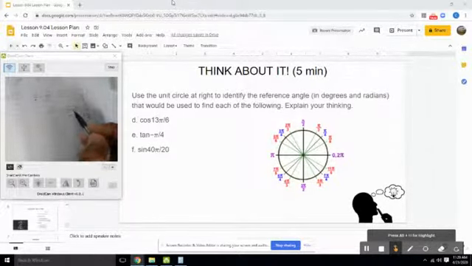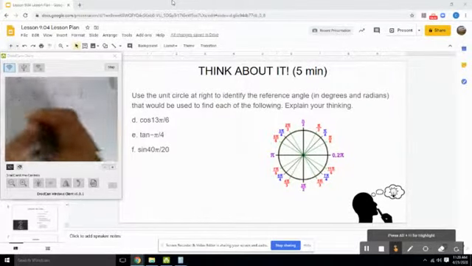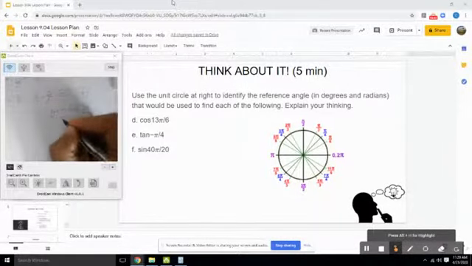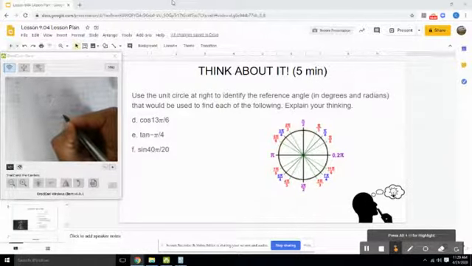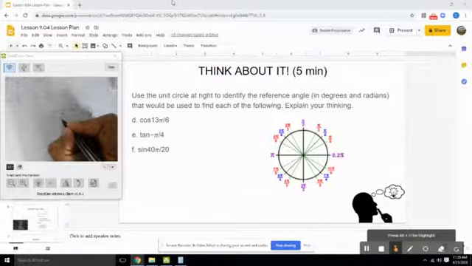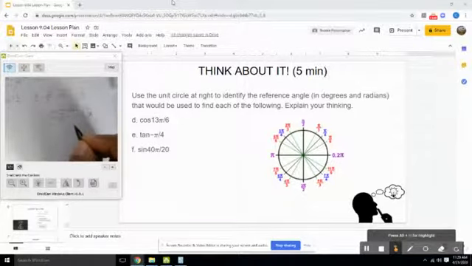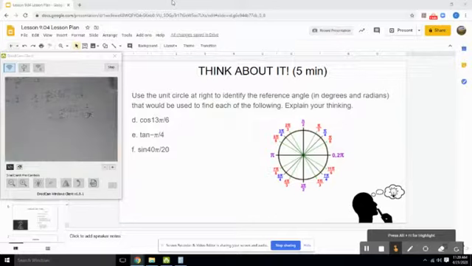And now to change this 315 into radians, we would do 315 degrees times our conversion factor. Just like before, we would put the radians on top, since that's what we're looking for, and the degrees at the bottom, which is 180 degrees. And what number can go into 180 and 315?